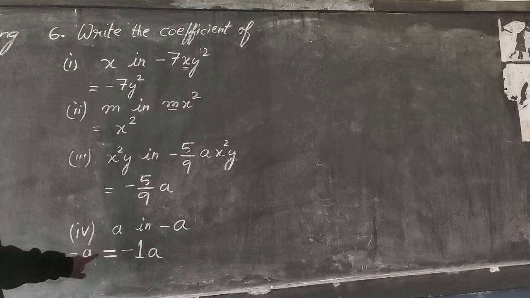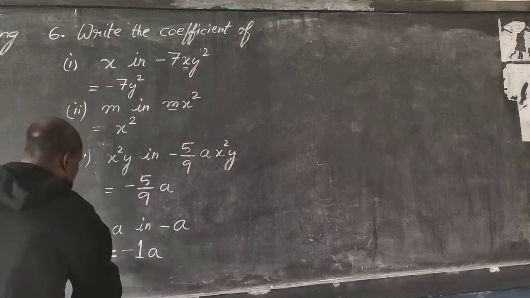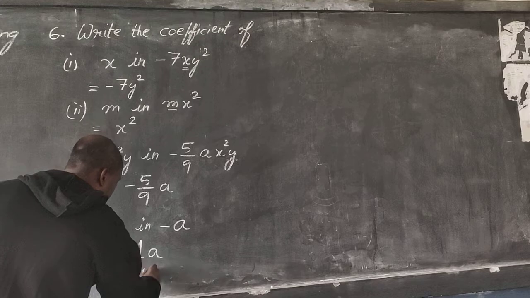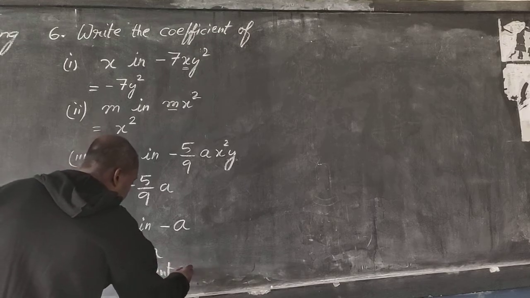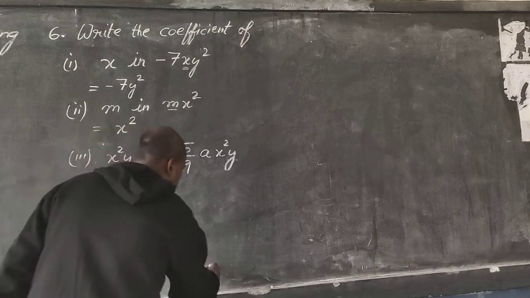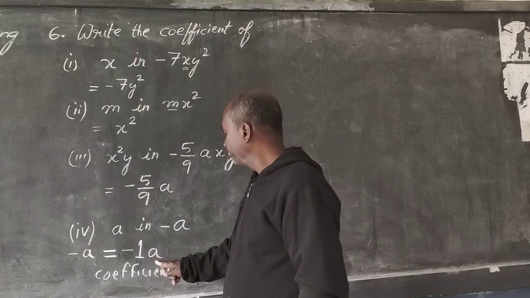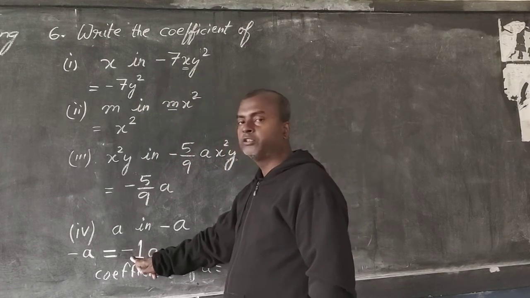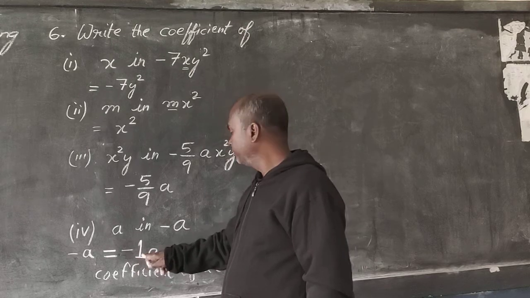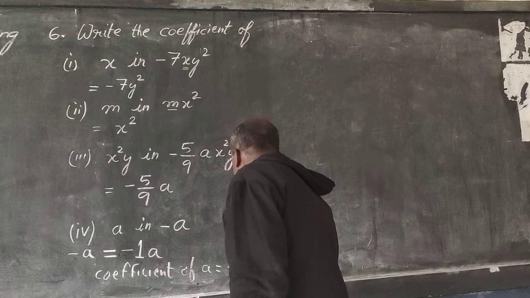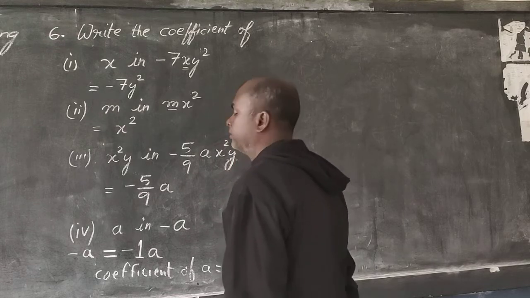So minus a is the same as minus 1a. Now the coefficient of a will be what? You check, leave out a. What else do you have? If you leave out a, you have minus 1. So the coefficient of a is minus 1.